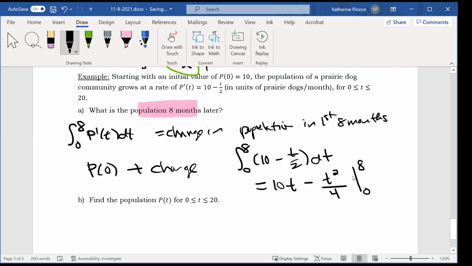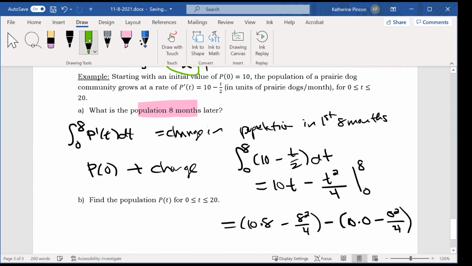Okay, so I'm going to get 10 times 8 minus 8 squared over 4 minus 10 times 0 minus 0 squared over 4. This guy's 0, so he doesn't matter. 80, 64 over 4 is 16. 80 minus 16 makes 66. Someone should put that in their calculator.